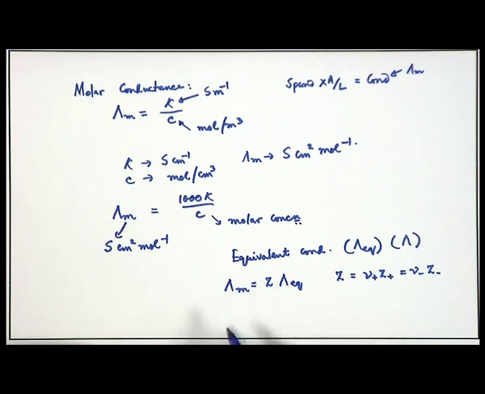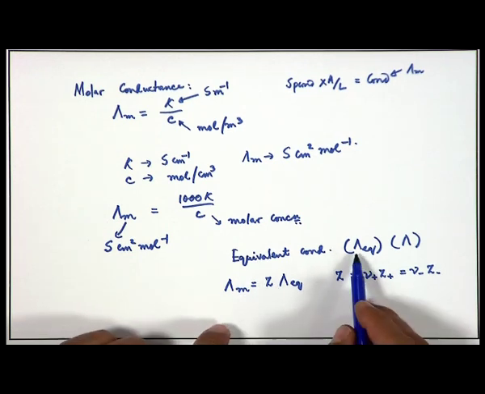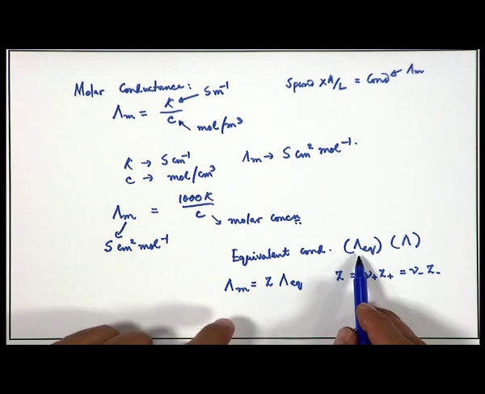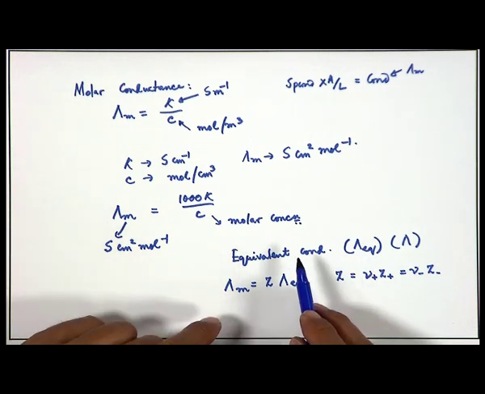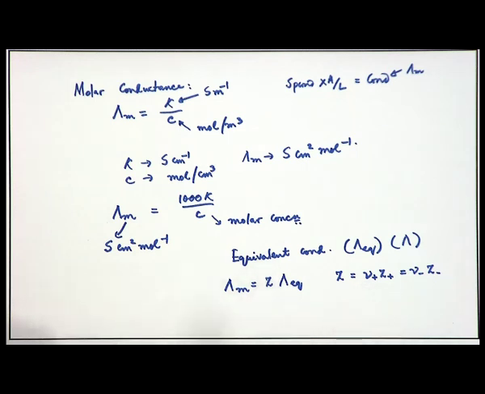So, either equivalent conductance or molar conductance one can use for any kind of studies. Now, why is this term more important compared to specific conductance? Because here we compare two electrolytes having some equivalent conductance or molar conductance value with respect to their conductivity.